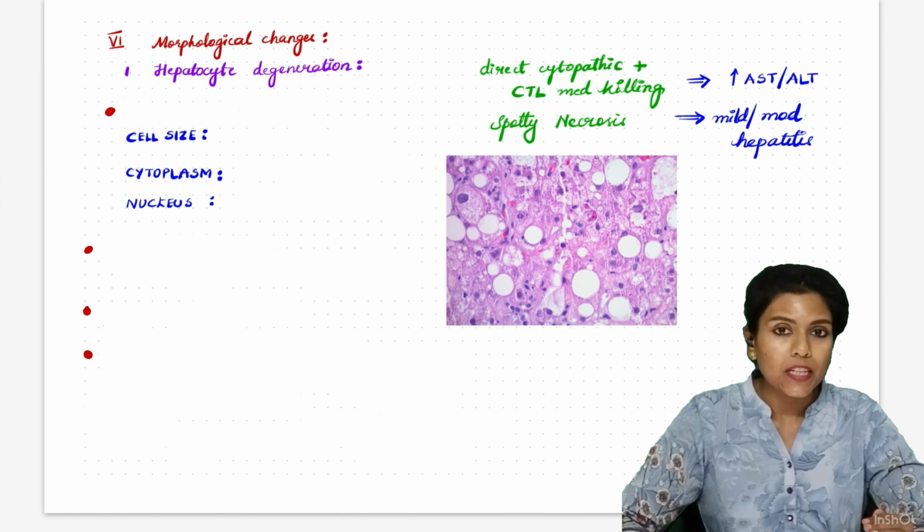This is called a ballooned hepatocyte. This ballooning is due to a defect in a normal pump present on a normal hepatocyte. This pump is called the sodium-potassium pump, present on the surface of a normal hepatocyte. This pump will undergo failure.